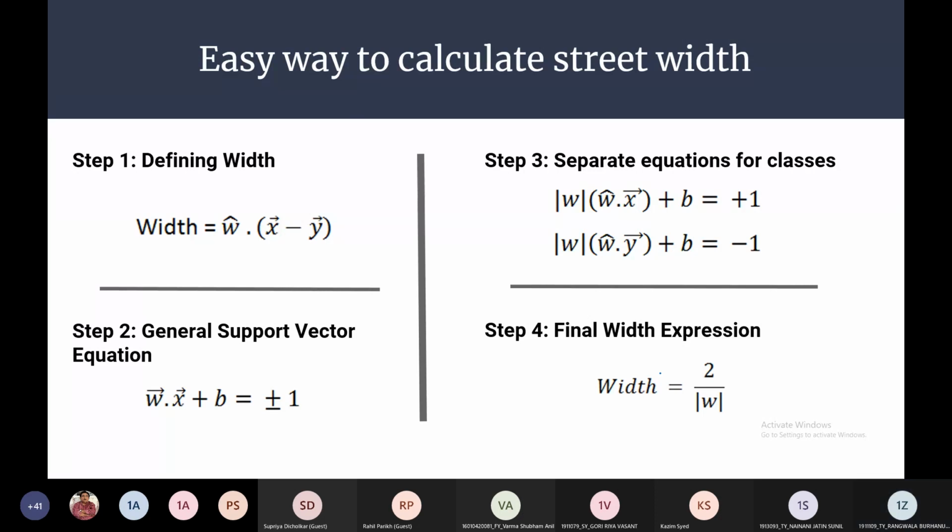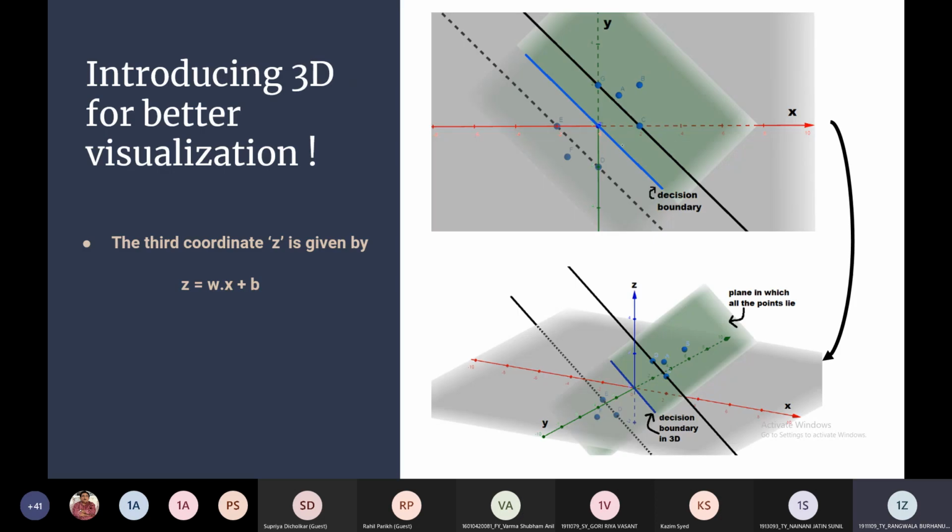One thing that you need to do is, whether plus minus 1 or n, anything, these two numbers should be the same, because one of our objectives is to make sure that both the classes are equidistant from the decision boundary.